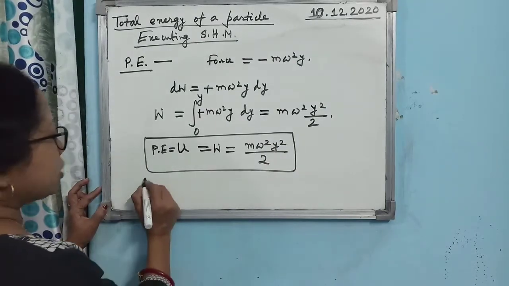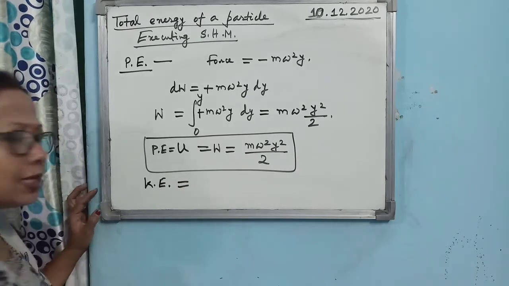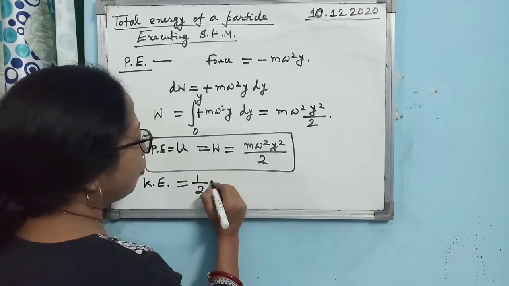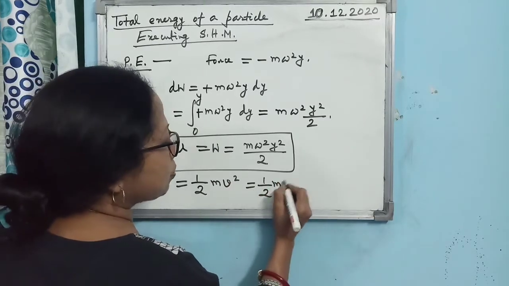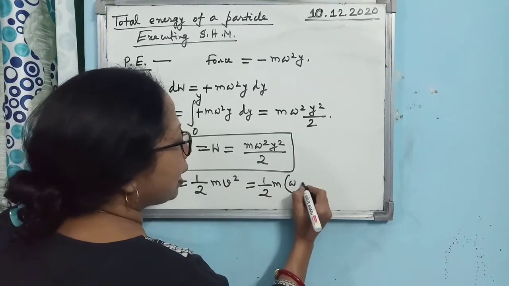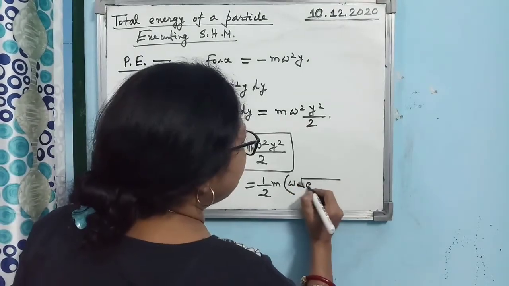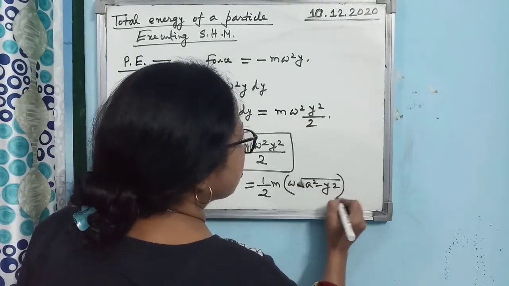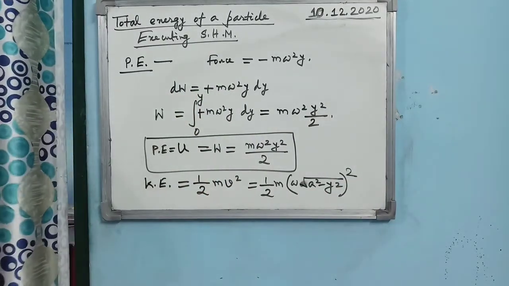Then next, what will be the kinetic energy? Kinetic energy calculation is very easy. You know, kinetic energy is half mass into velocity square. And what is the expression for velocity? v is omega under root a square minus y square. Then v square, you have to square it.